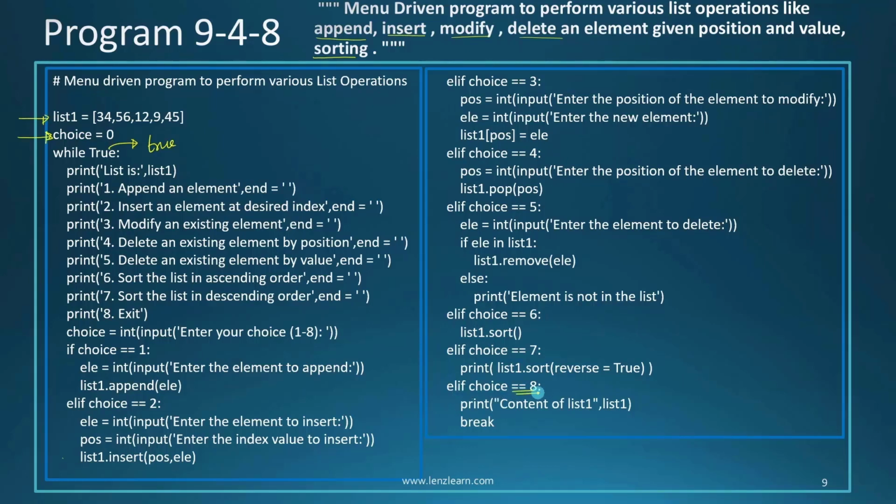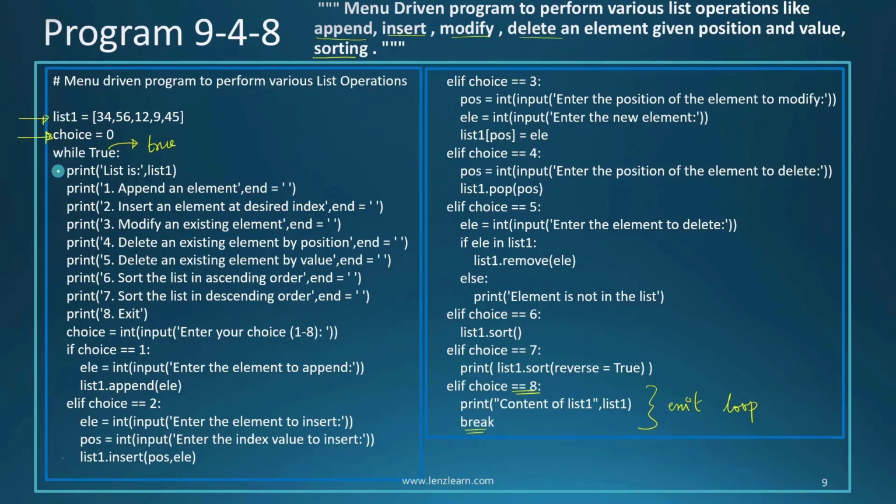If the choice is equal to 8, then you will print the list and then you will break. So this is where you can exit the while loop, right? Not with the condition, because condition will be always true. It will keep on running this program again and again until you select choice equal to 8. So that break will be executed and your program will be finished.